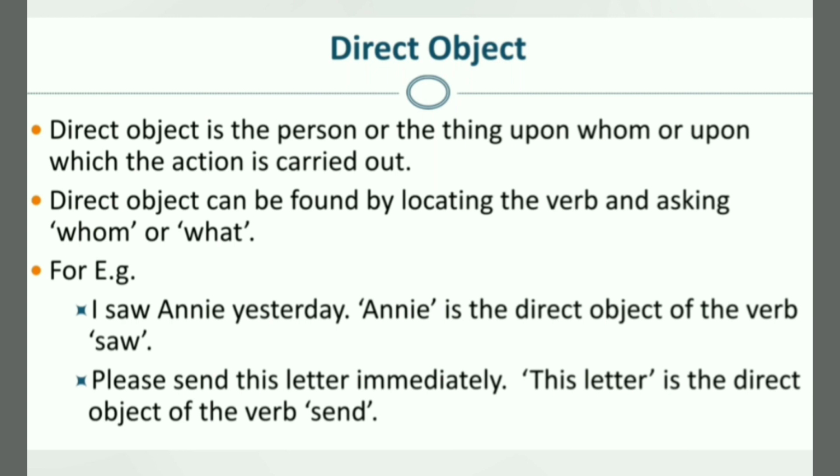Let's take another example. Please send this letter immediately.